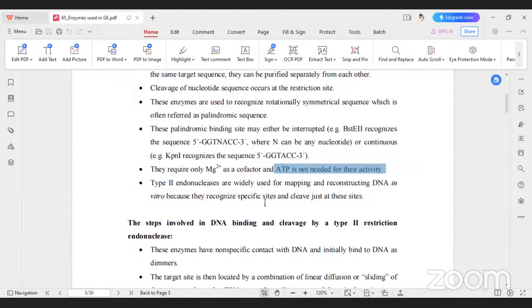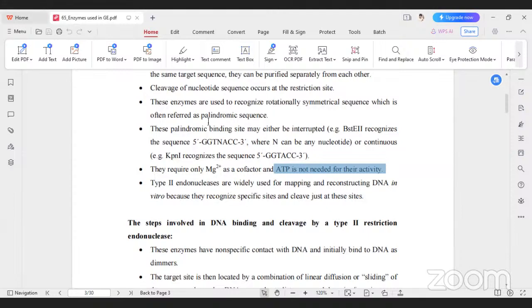The type 2 endonuclease is widely used in mapping and reconstruction of DNA in vitro because it recognizes specific sites and cleaves just at these sites. So that's why restriction type 2 enzymes are called workhorses, because they are mainly used in different types of techniques.